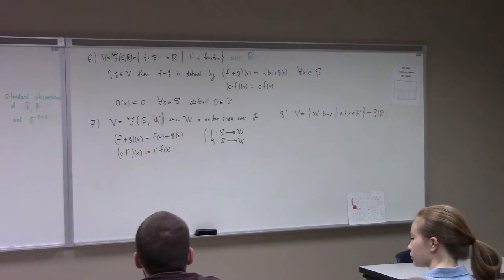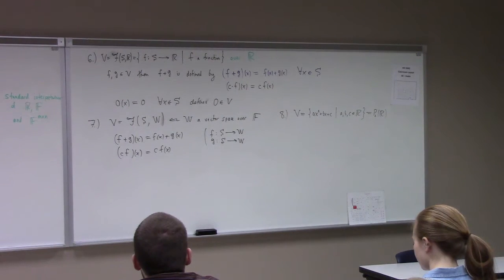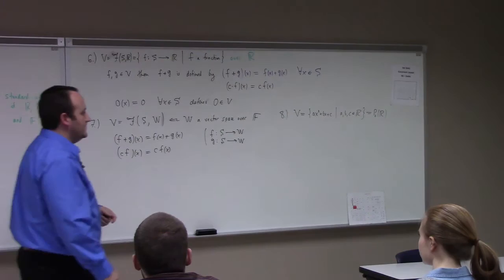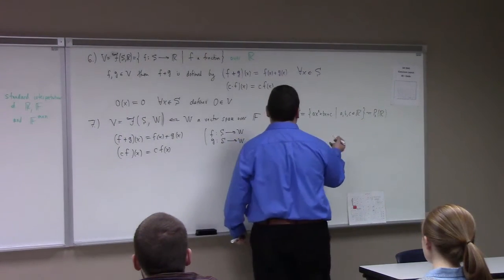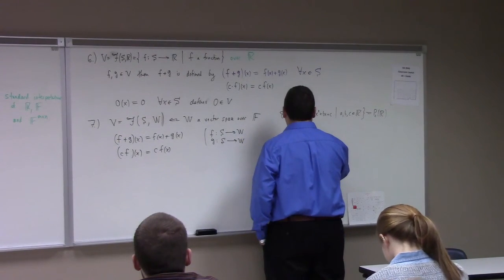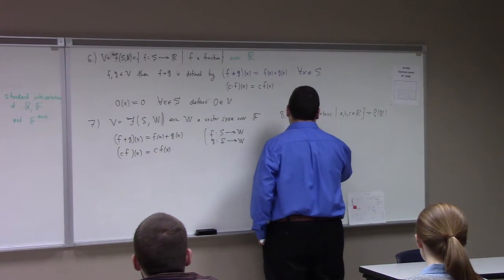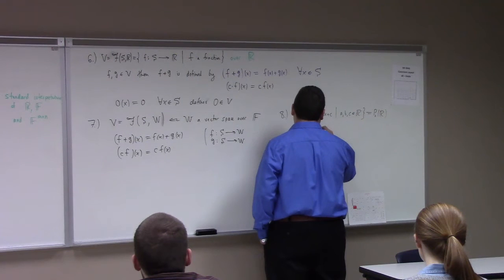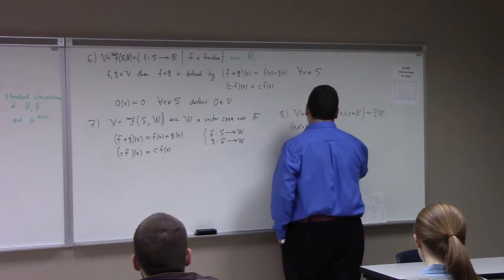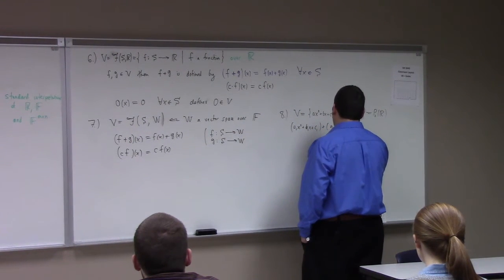How would you define addition and scalar multiplication of polynomials? Just like you already know. So in other words, if I have b1x plus, how do you add these?